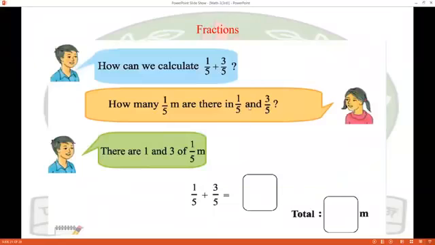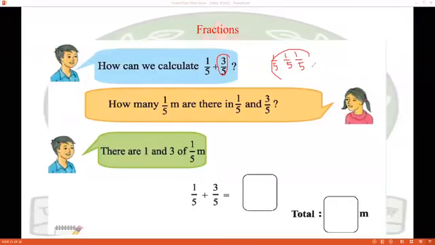So a calculation process is shown: 1 by 5, 3 by 5. There is another way of thinking. You can think how many 1 by 5 are in 3 by 5. 1 by 5, 1 by 5, 1 by 5, that means 3 by 5.